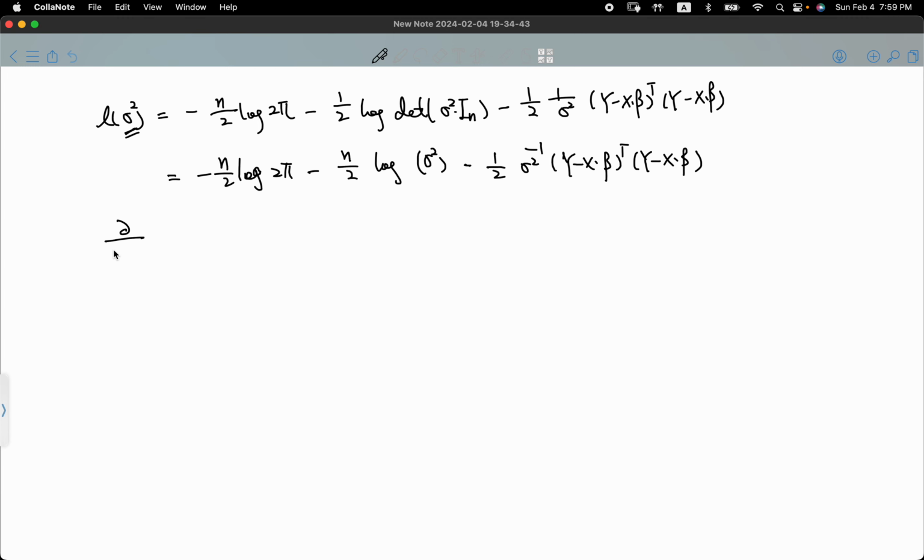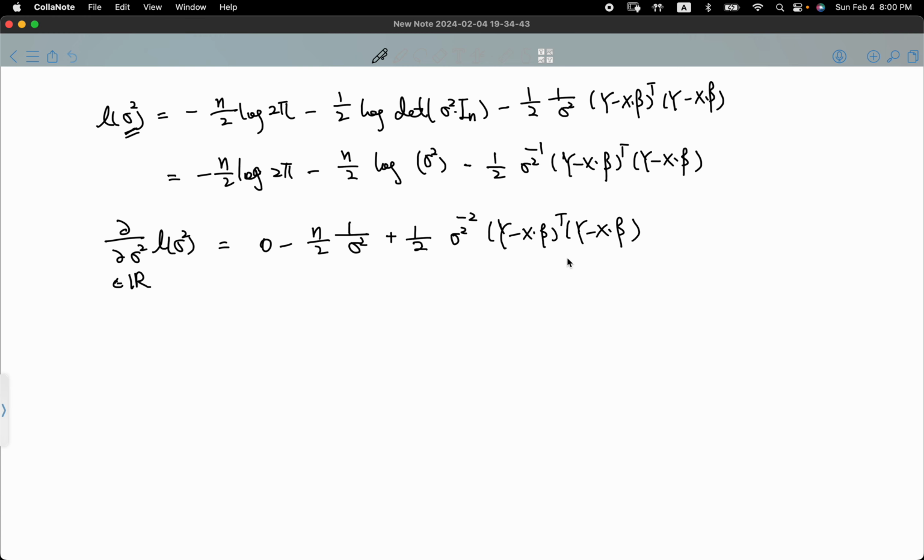Now let's take the derivative with respect to sigma square, which is a scalar. Zero plus minus n over sigma square, plus 1/2. So bring the minus sign here, sigma square to the power of -2. Okay, set it equal to 0.